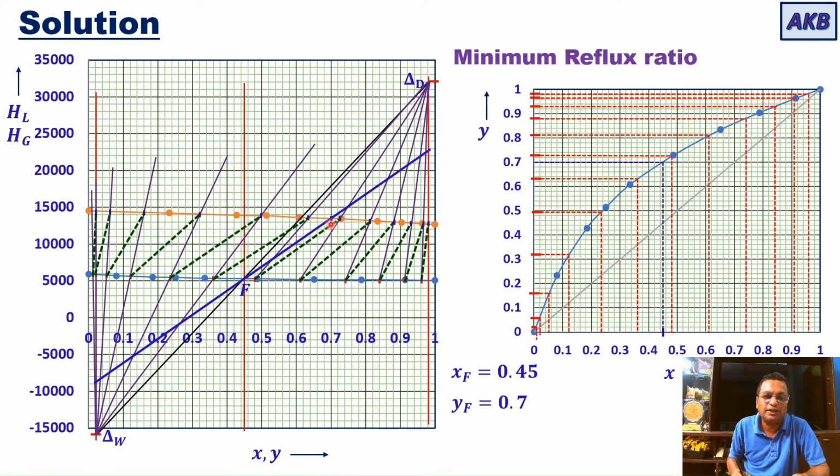And after locating that, I'm drawing a line through F. Why? Because in the case of minimum reflux ratio, the construction line and the tie line coincide with each other. So first, we located XF. We found the corresponding vapor phase composition that is in equilibrium with it.